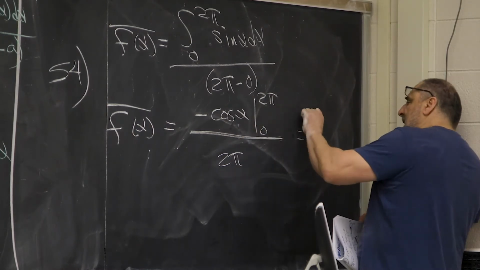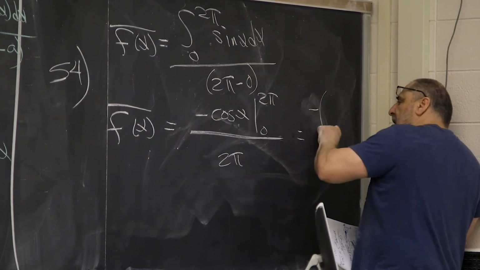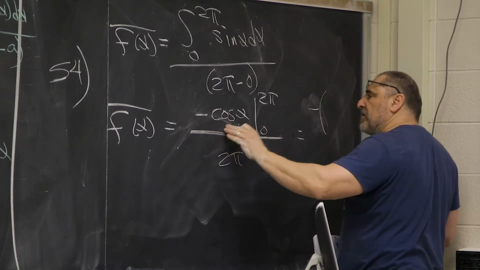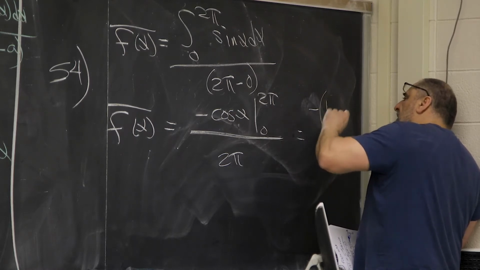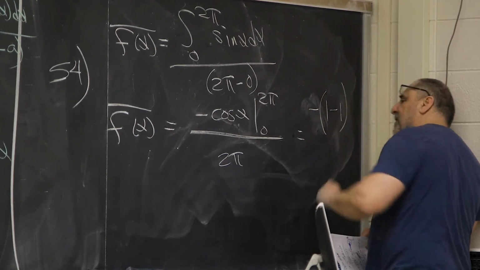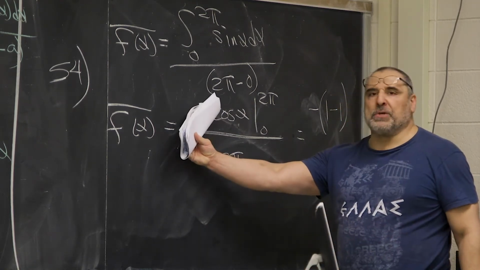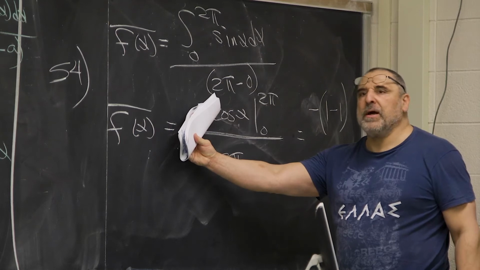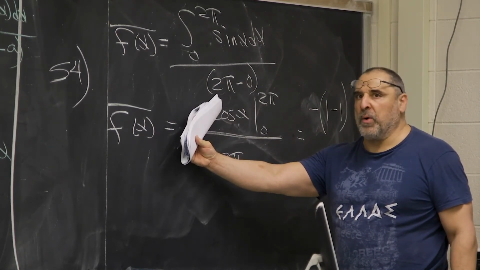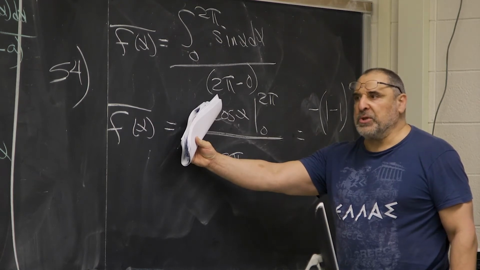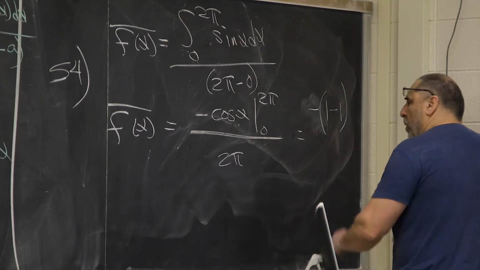So you basically get the negative of the quantity, 1 minus 1, guys. You're getting 1 everywhere, the same thing both places. Two things that are the same, when you do subtraction, you get 0. That's kind of the moral of the story of the whole thing here.